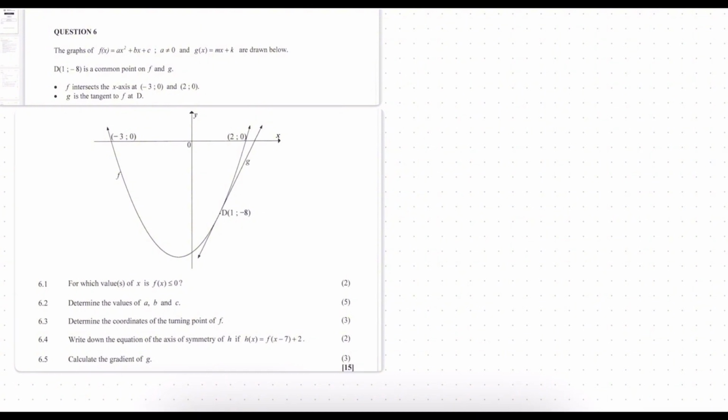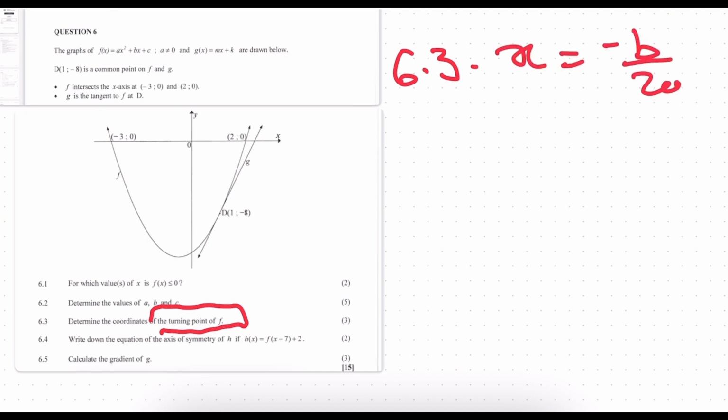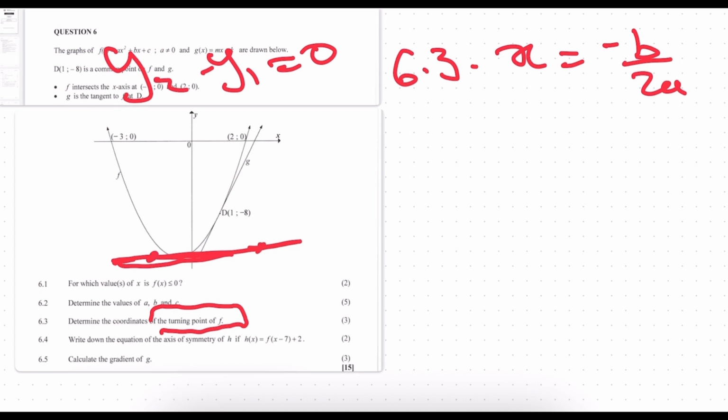Now they're asking us to determine the coordinates of the turning point of f. Remember, this was 6.3, we're solving 6.3 now. You can either use the equation minus b over 2a, it's up to you. You remember that a straight line has a gradient of 0 because the y value is not changing, so y2 minus y1 is 0.